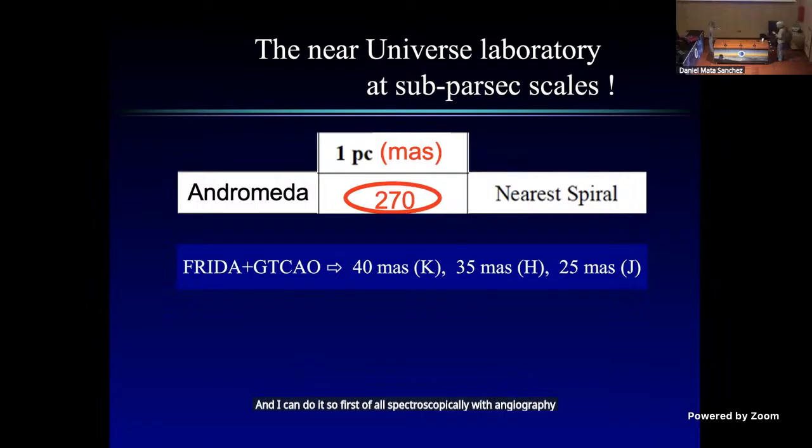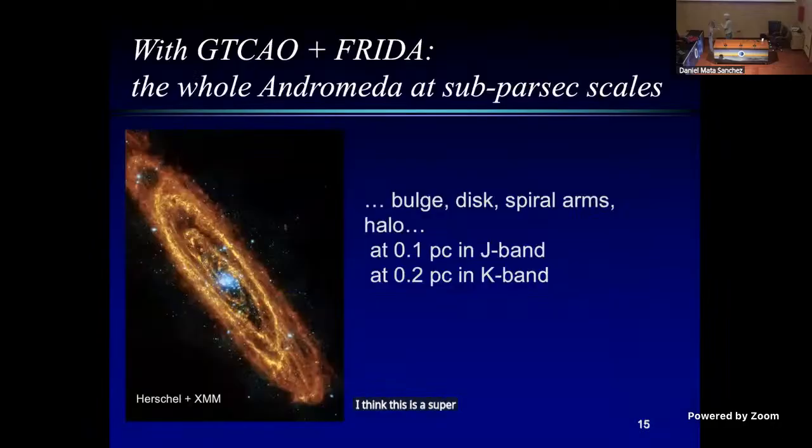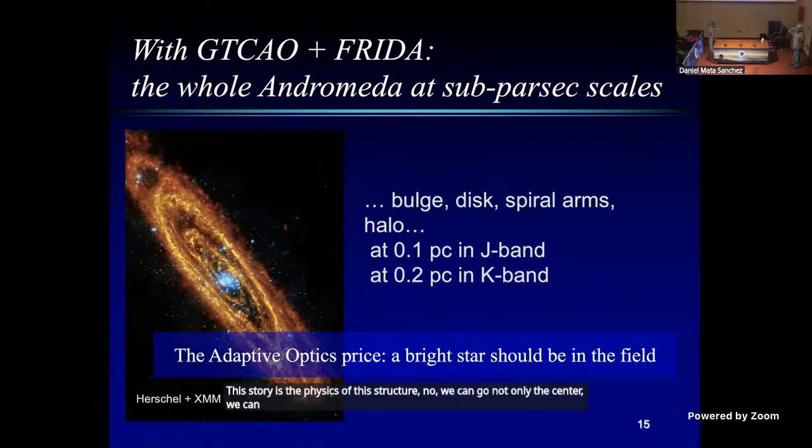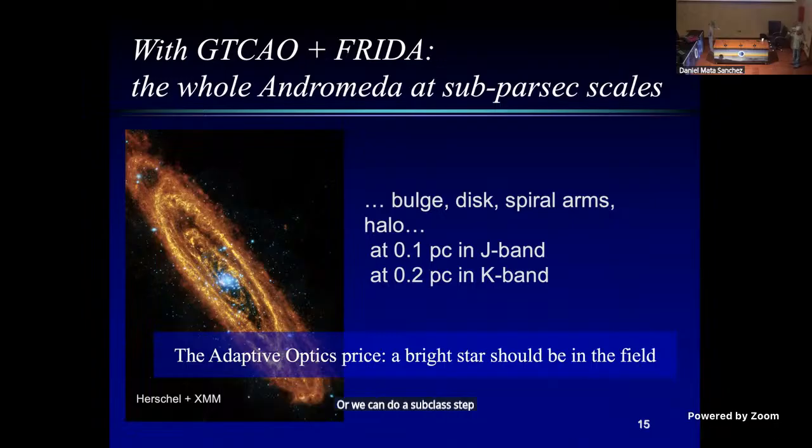So I think this is a super target to go into such enormous detail, discovering the physics of this structure. We can go not only to the center, we can go to the disk, we can study at this scale the spiral arms, the halo, all at a subparsec scale. And in fact, a tenth of a parsec scale because of the resolution.